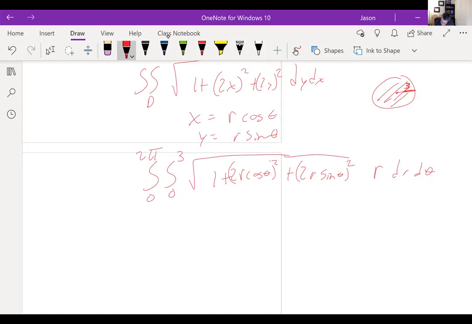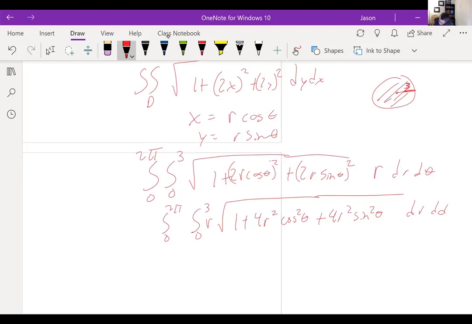So now we go from 0 to 2 pi and 0 to 3. This is the square root of 1 plus 4r squared cosine squared theta plus 4r squared sine squared theta. I'm going to put the r in front, and then dr d theta.